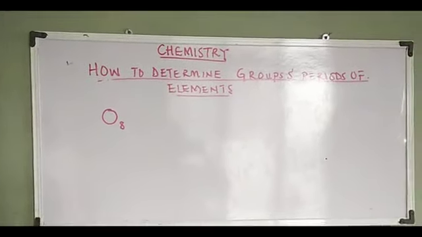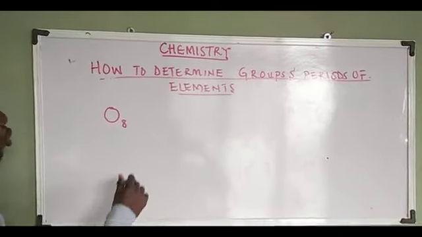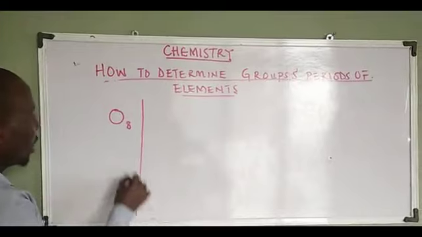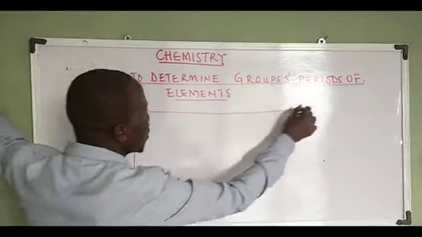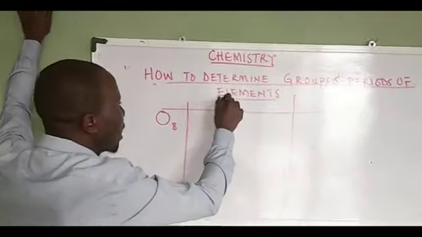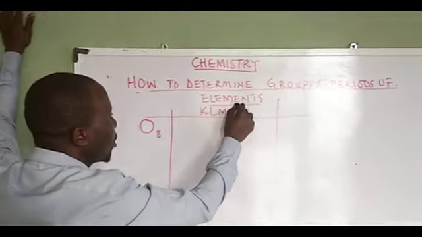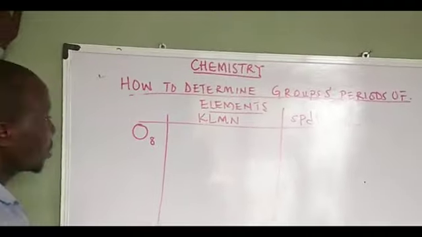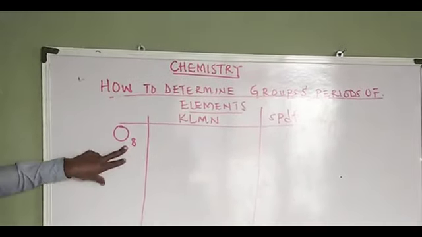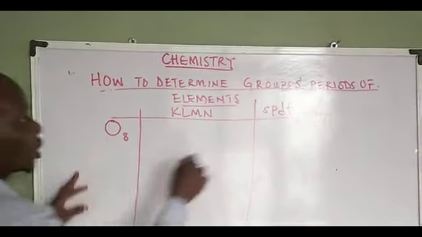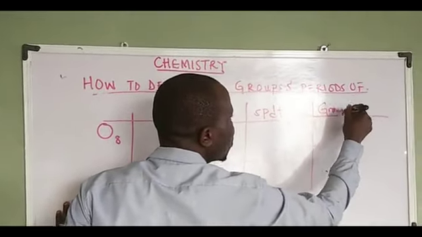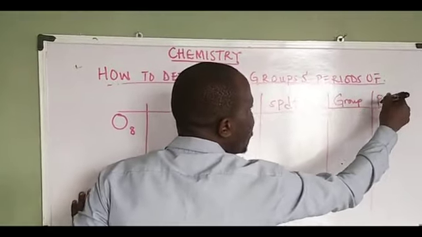So, let me bring the two styles, the KLMN and the SPDF style. The KLMN electronic configuration will be what? Then the group and then the period.